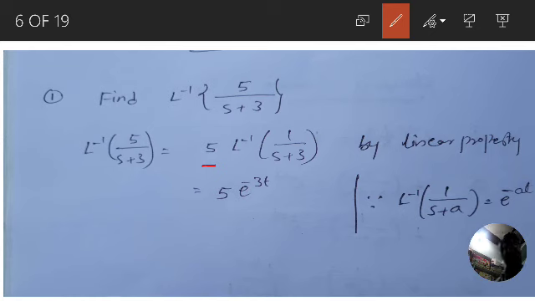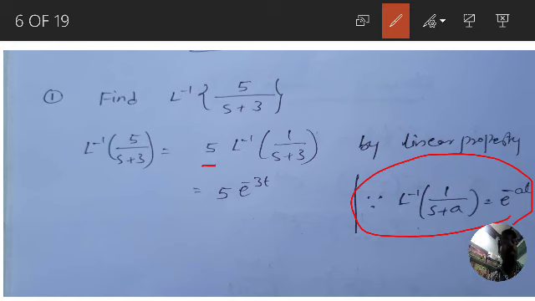So what is the formula? L inverse of 1 by s plus a is equal to e power of minus at. Similarly, L inverse of 1 by s plus 3 is e power of minus 3t, because in place of a we have 3. So the answer is 5 into e power of minus 3t.